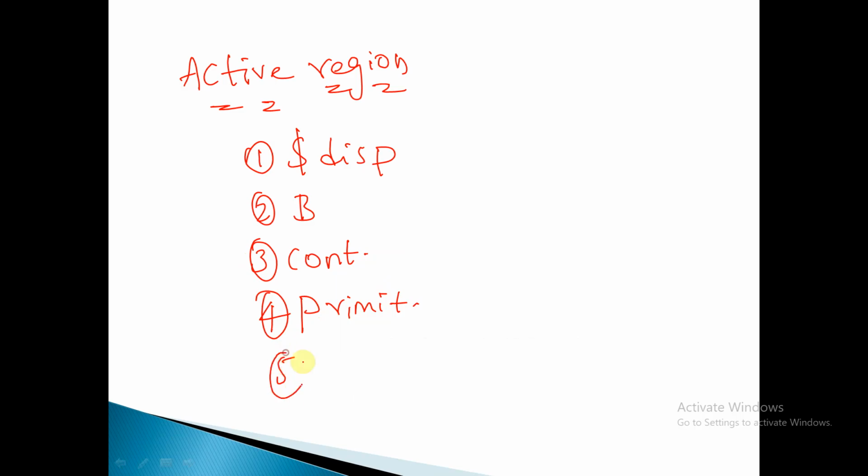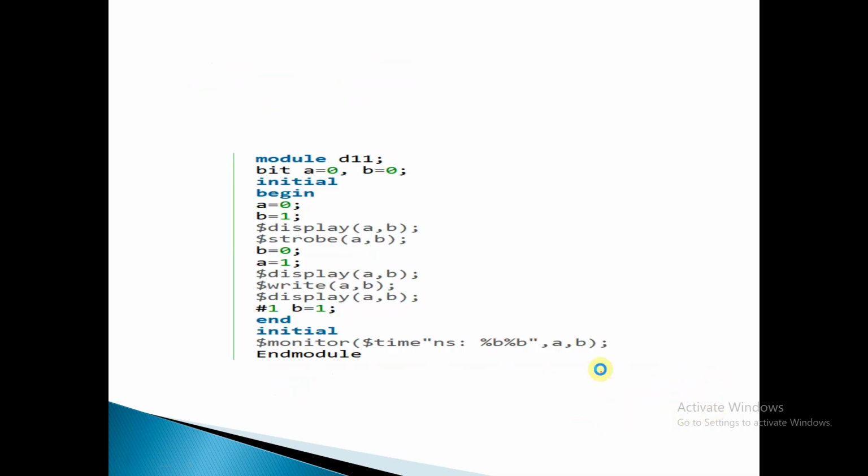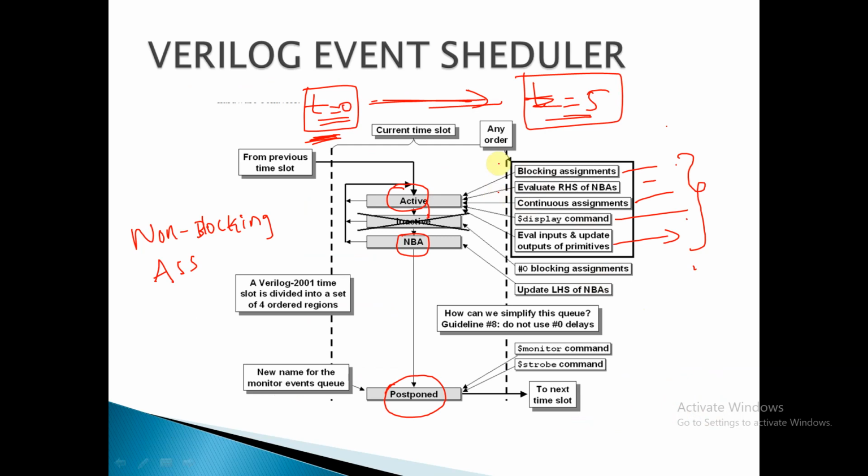And one more important thing: evaluation of the RHS of non-blocking assignments happens in the active region. Only evaluation, not the assignment. For primitives, updation is happening, but in the case of NBAs in the active region, only evaluation is happening. Is it clear?